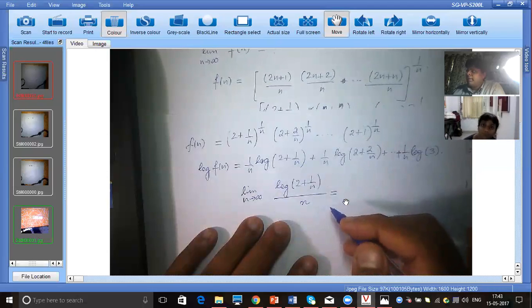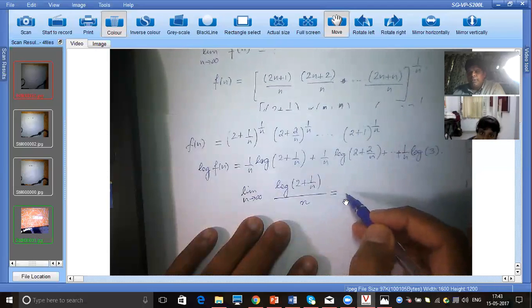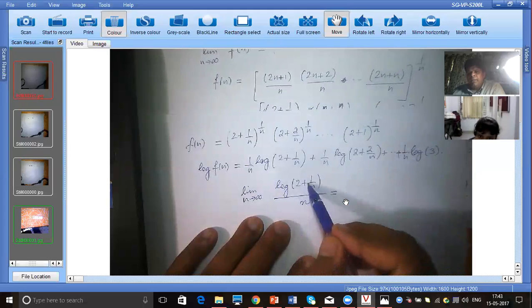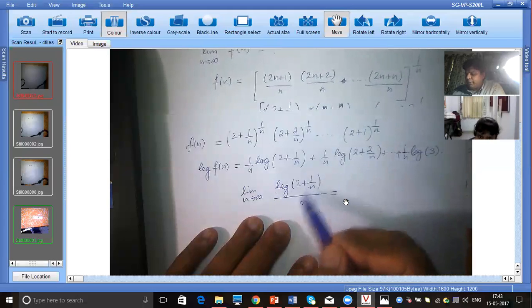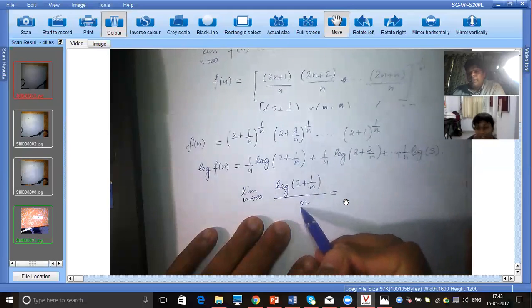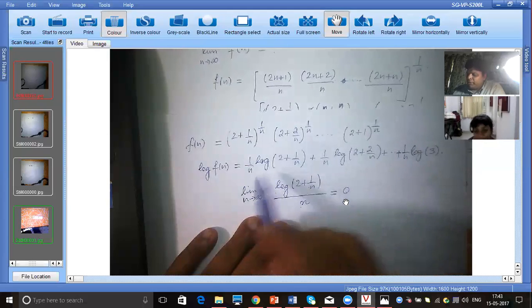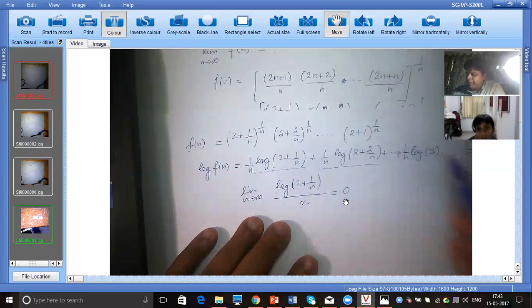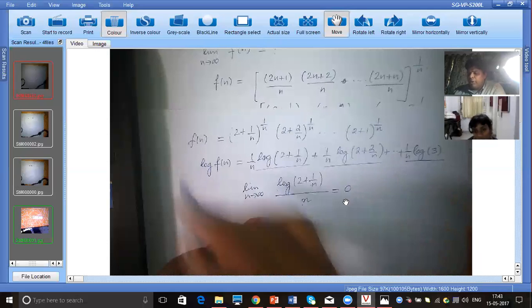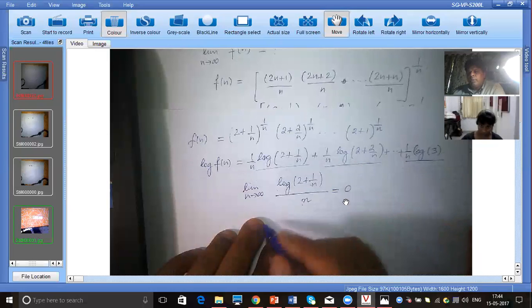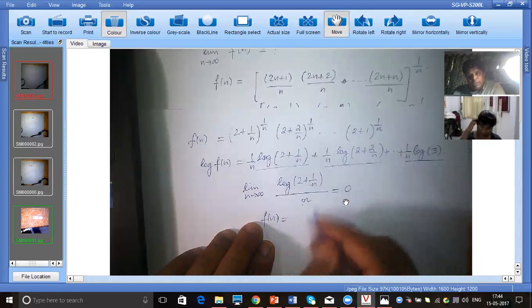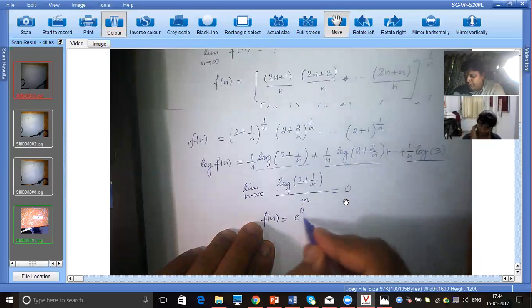It's equal to 0, because log of something will go to infinity slower than n. So I get 0 for this, for this, for this. All of those are 0. Log f of n must be 0, which means f of n must be e to the 0, which is equal to 1.